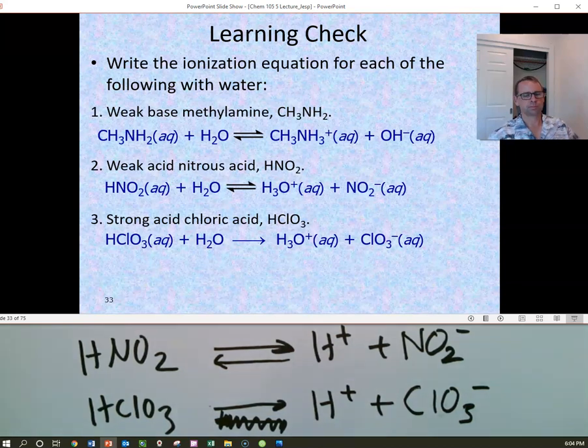Well, the big thing they did here is they included the water molecule.